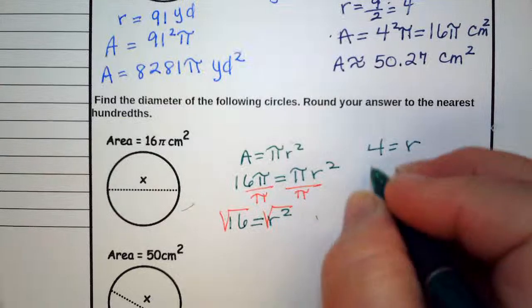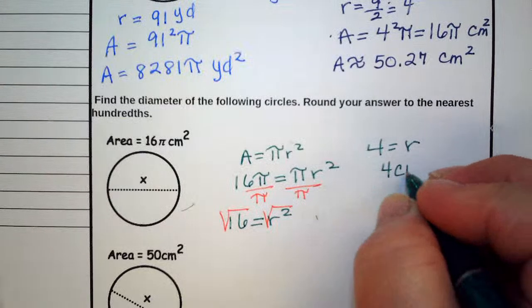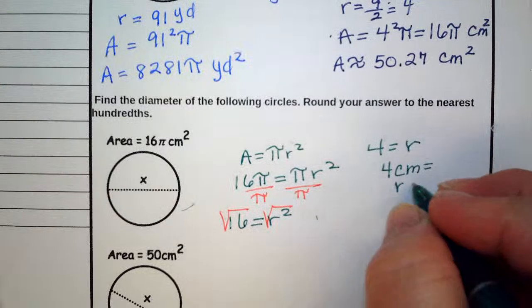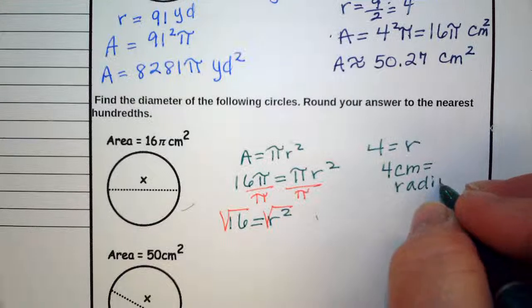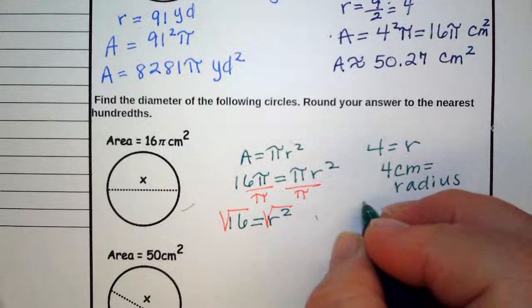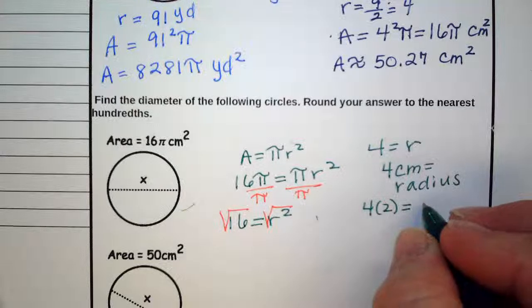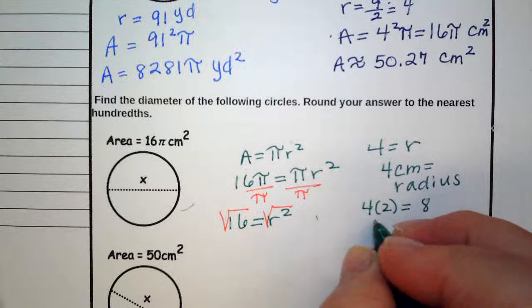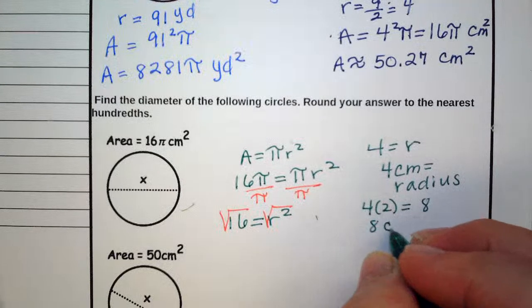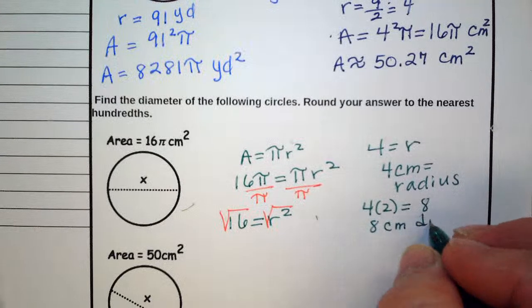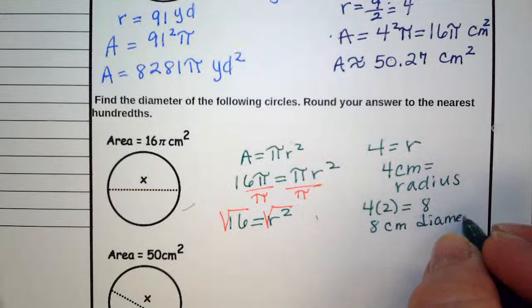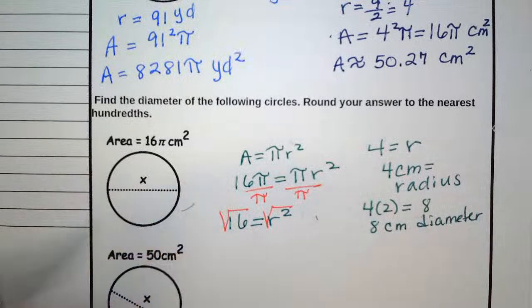That would be 4 centimeters. So for my diameter, 4 times 2 is equal to 8. So 8 centimeters is my diameter. And that would also be what x is.